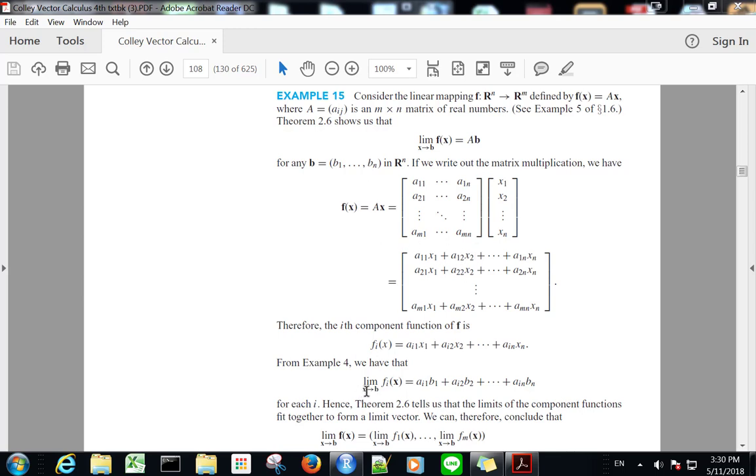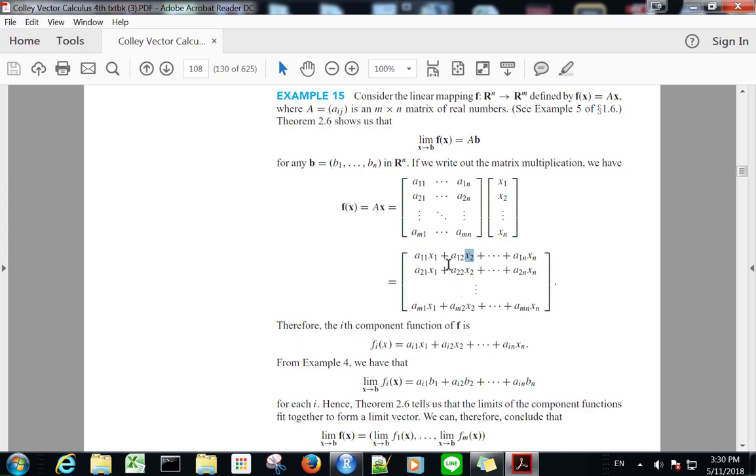We're going to do as x goes to b, so in other words, we could just drop in b1 for this, the first component of b, and b2 for this, the second component of b, and the same thing for all of these, the same b1, b2, and so on. So each component function is going to look like this.